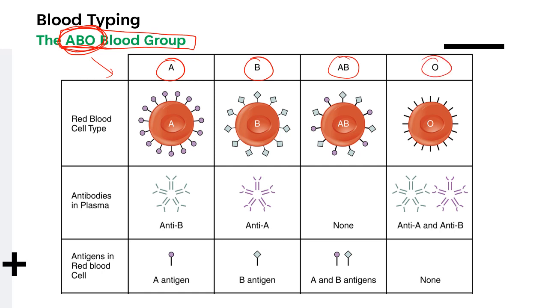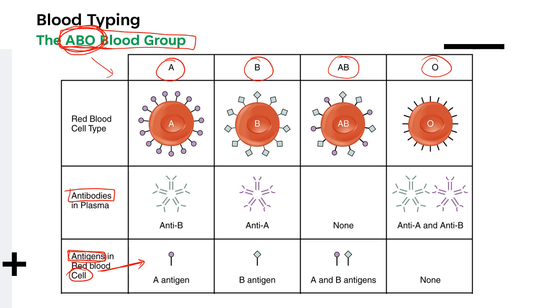Now, it's important for this that you understand what are the antibodies and what are the antigens. Antigens always are substances or proteins that are in the cell membrane of the red blood cells. And if you have a blood type, then the name of the antigen determines what blood type you have.